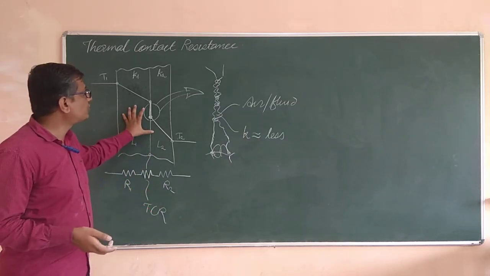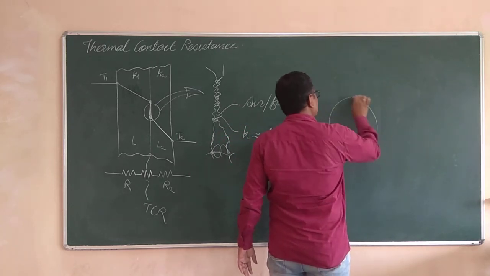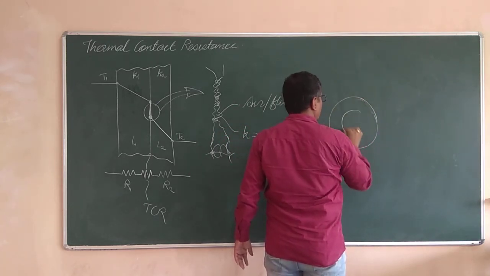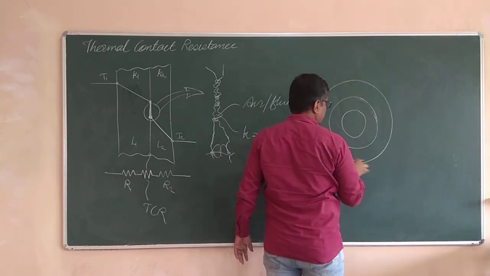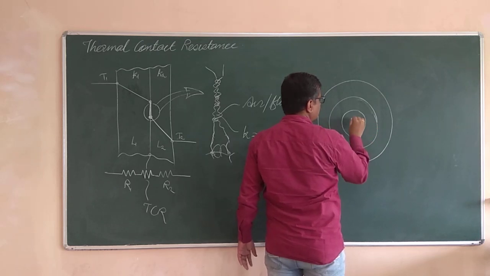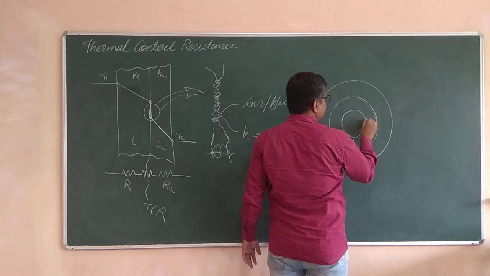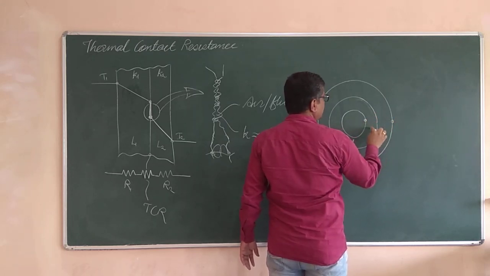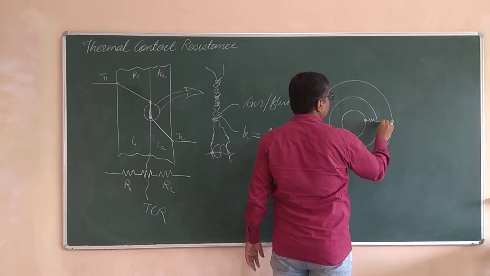Now, it is the case of the composite slab. Instead of this composite slab, if I take a composite cylinder consisting of cylinders 1 and 2, this is the hollow region over here, this is the first cylinder, this is the second cylinder. If you check the temperature over here, there will be some resistance over here, then some resistance over here.